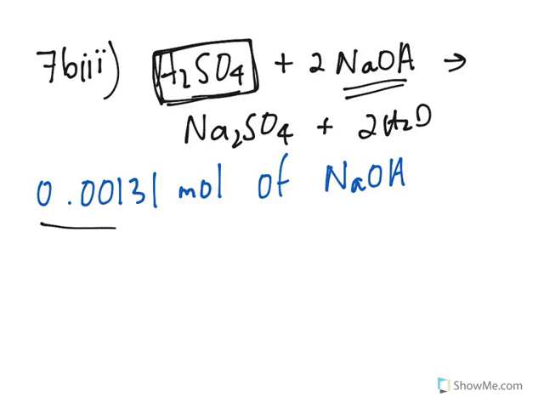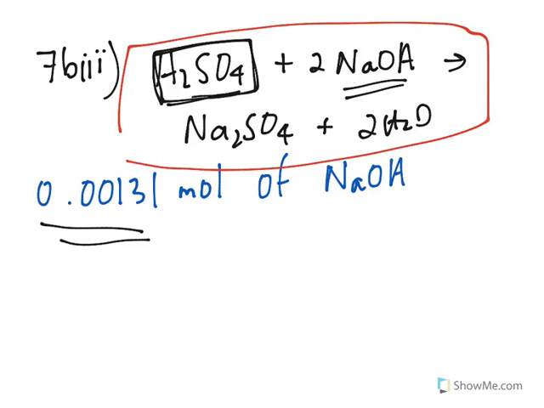So that means that 0.00131 moles of NaOH neutralized the acid. Now from your chemistry class, you should remember that all reactions happen in certain mole ratios. And these mole ratios are determined by the chemical reaction, which is shown over here.